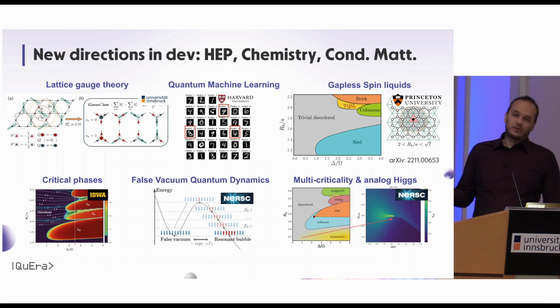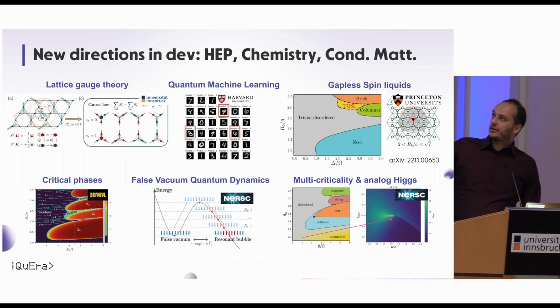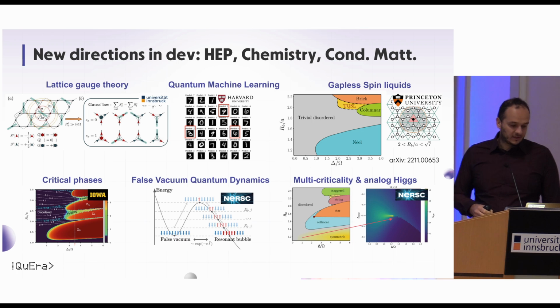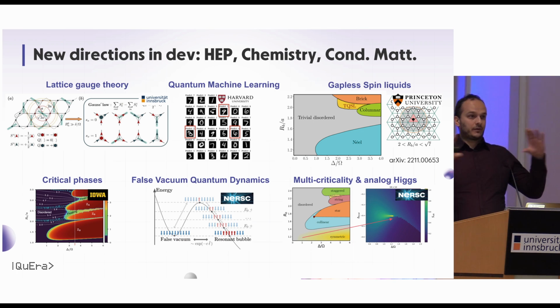And then the thing that I will focus on today is the critical phases project, which is wrapping up. It's basically preparing an incommensurate phase on a ladder of atoms that's been predicted in theory, and now we're able to observe it by probing an incommensurate ordering on an array of atoms.